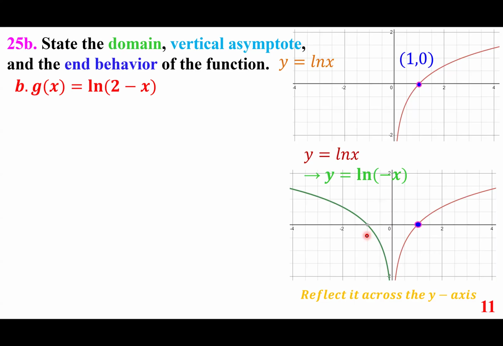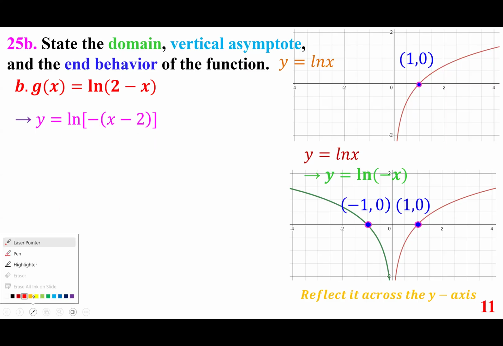So this was the x-intercept. Now it's the new one. 1, 0 goes to negative 1, 0. Now, so we have this one. This is how you approach it. How do we change it to this one? First and foremost, I'm going to rewrite this, okay? So you understand what happens. I'm going to write it as minus x minus 2.